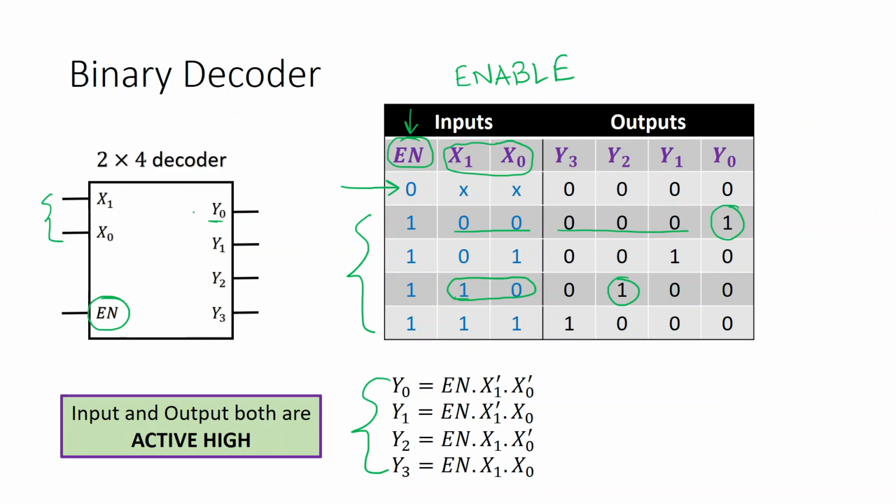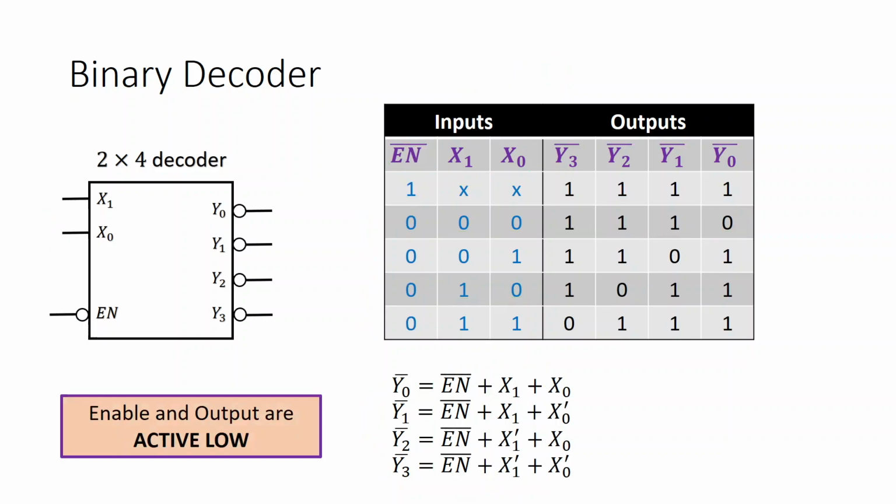So each of these y0, y1, y2, y3 are decided by these functions, which are simply some AND logic here in this case. Now we look into the active low binary decoder.